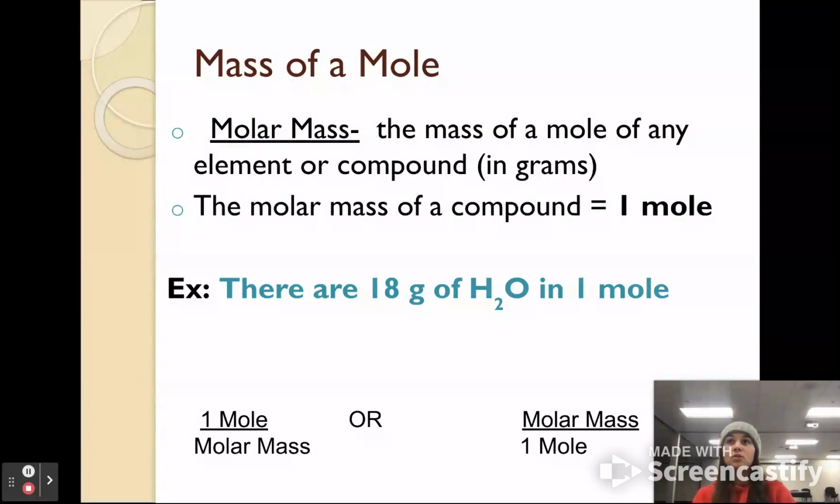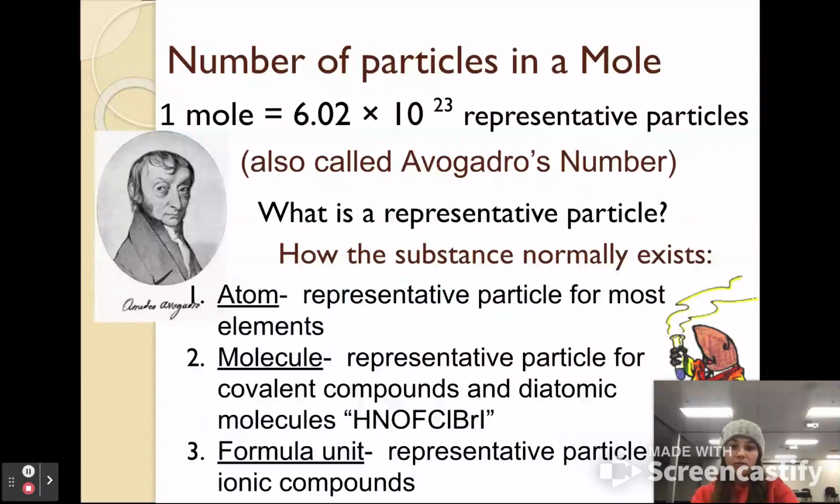If I ask you for the molar mass of aluminum, aluminum has a mass of about 27 grams. So for aluminum, 27 grams equals 1 mole. All that matters is that the molar mass is equal to 1 mole for everything. You just have to calculate different molar masses. Wonderful.